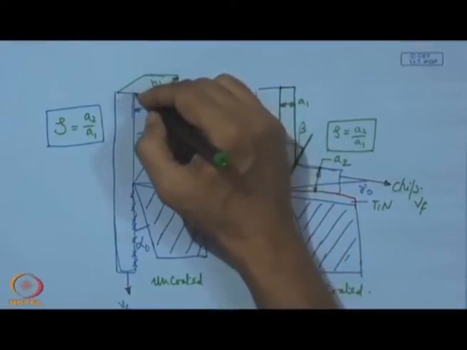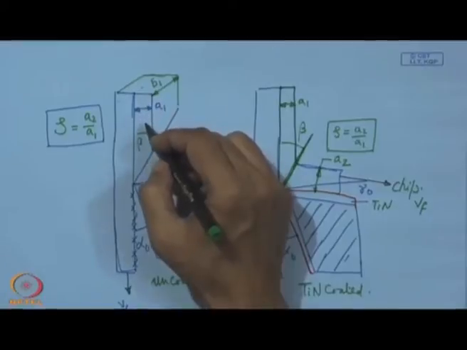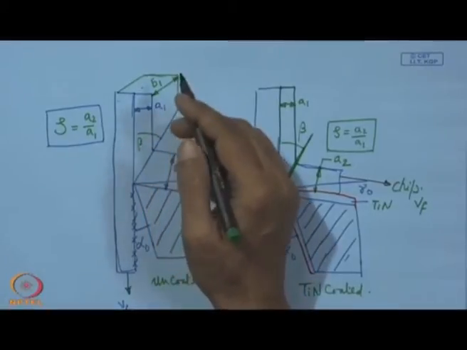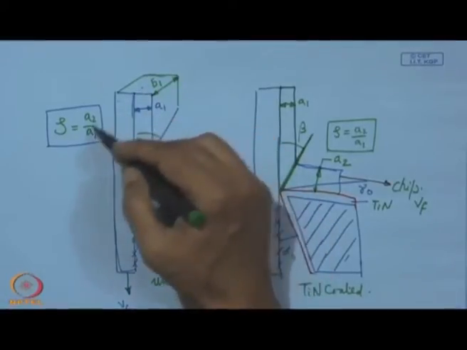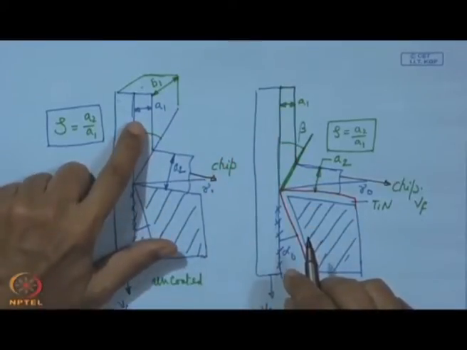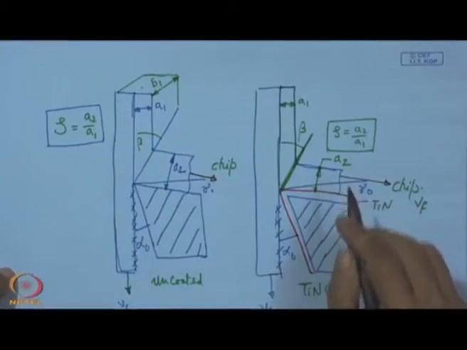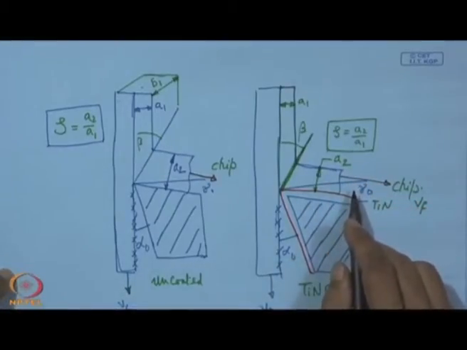So, A1 into B1 into Vc gives us the volume of material removal rate. A1 is a part of that. With the same value of A1, if we can reduce the value of A2 by this coating, definitely that is going to be one advantage.